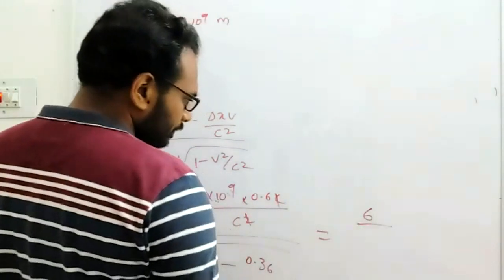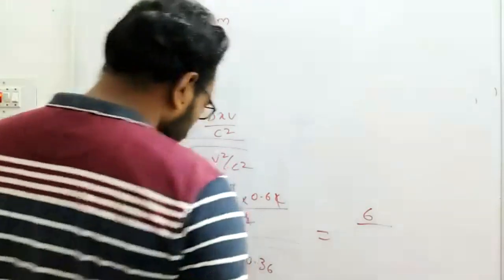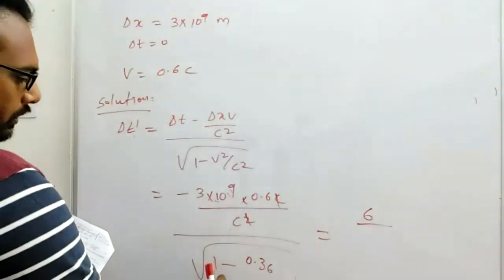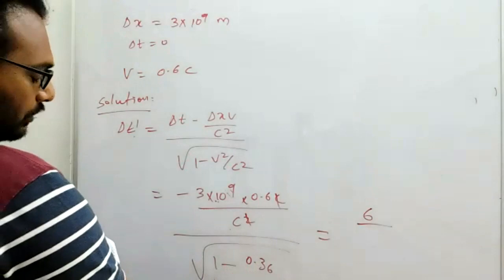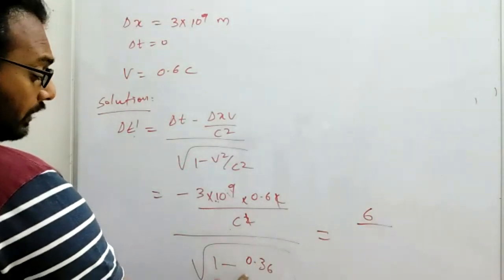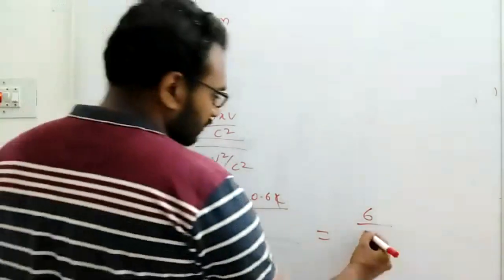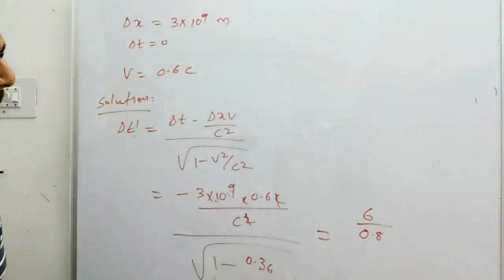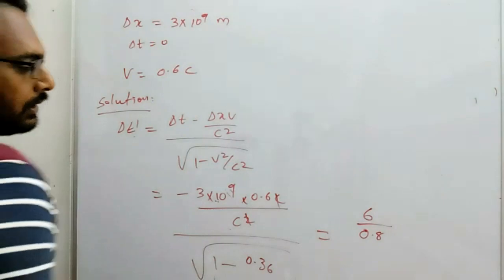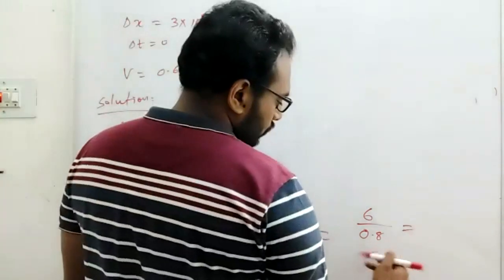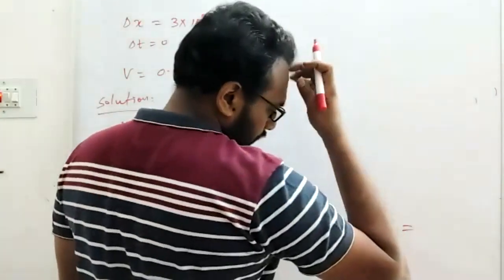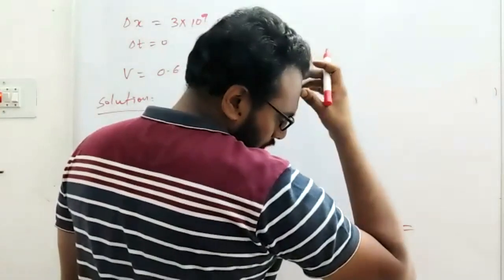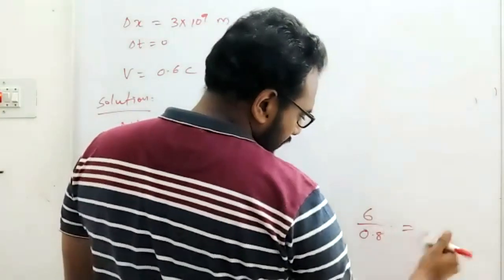And here you've got square root of 1 minus 0.36. That's square root of 0.64. All right, that's 0.8. Am I right? Is that correct? Yeah. So what is this? You can divide by 2. It's basically 60 by 8, right?